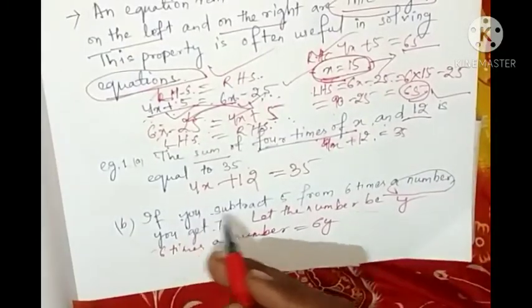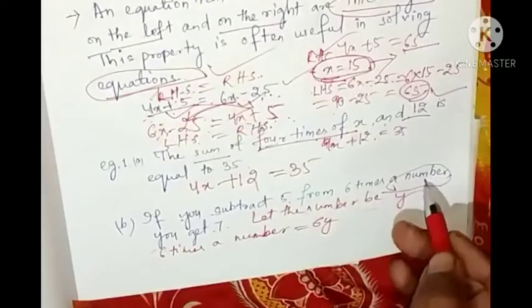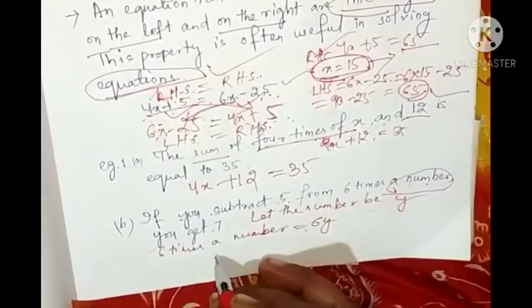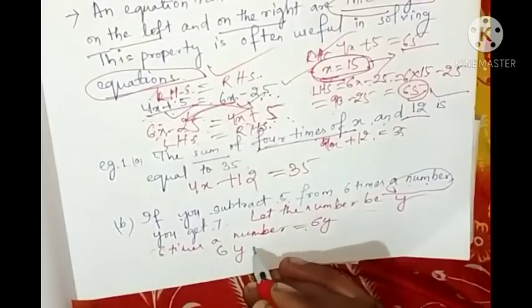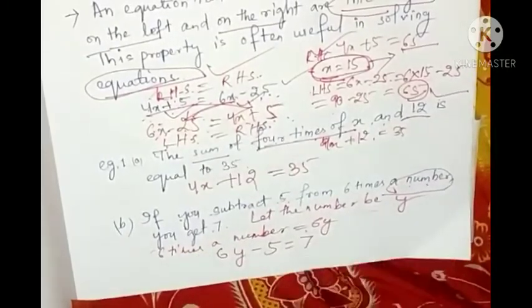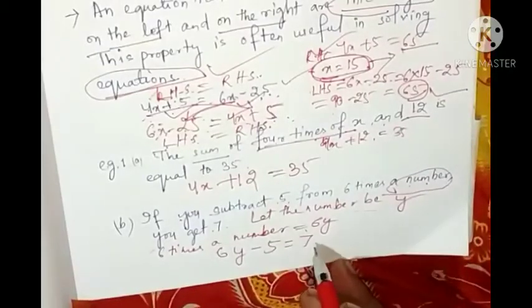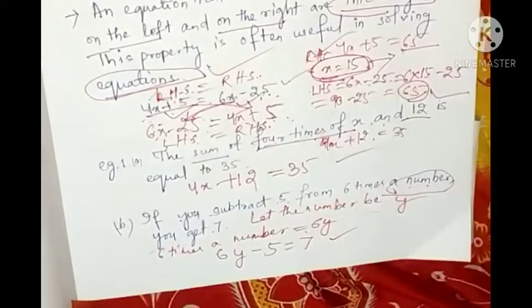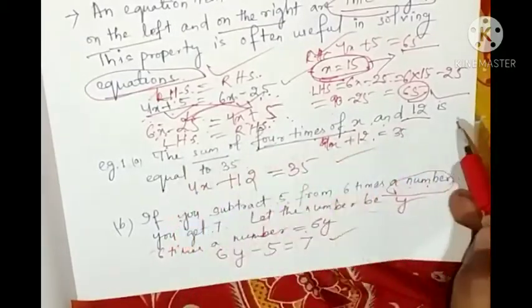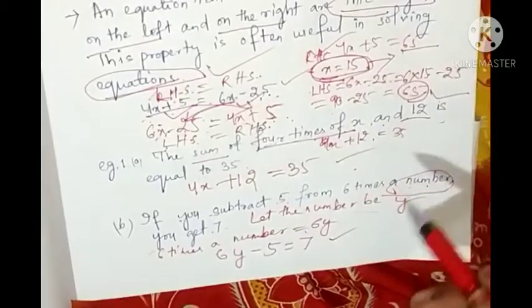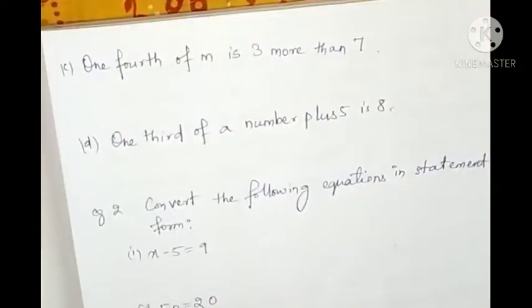You have to subtract 5 from 6y, so you write 6y minus 5. What you get as the answer? 7. So 6y minus 5 equal to 7. So this is the equation. So from the word expression you can write the equation. Next we see some more examples.